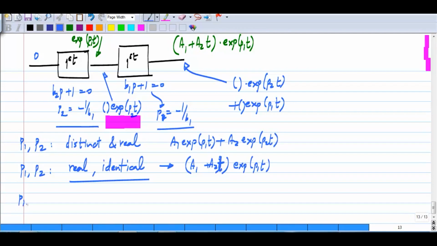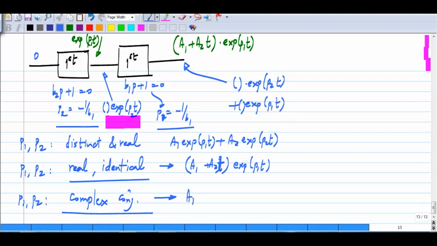And finally, when P1 and P2 are complex conjugates, then also it's the same as the distinct and real case, except that P1 and P2 are related in some way. Now remember, here the output will be exponential P2t, which is a complex number really, but this is some fictitious case. This is not an accessible point in the circuit. We have just mathematically split up the second order system into two first order systems. But here you will get exponential P2t plus exponential P1t.